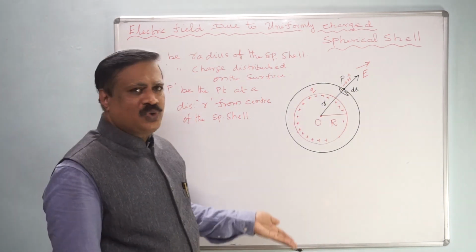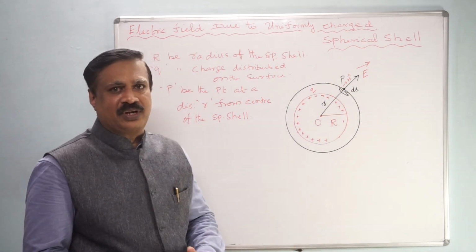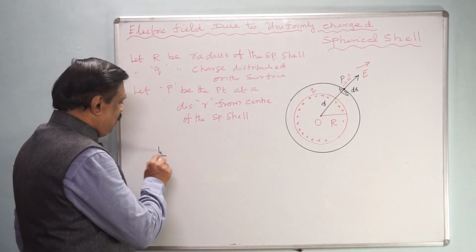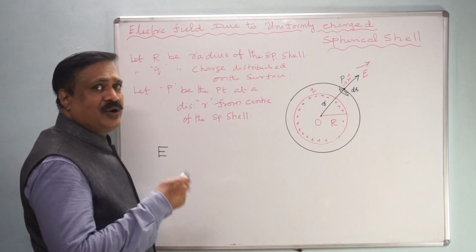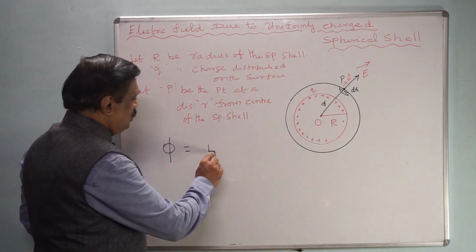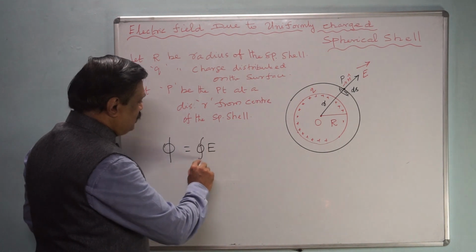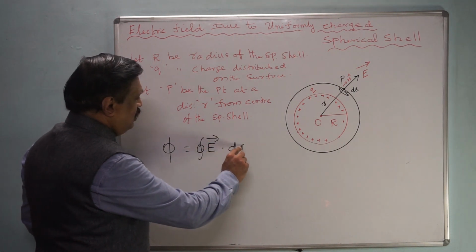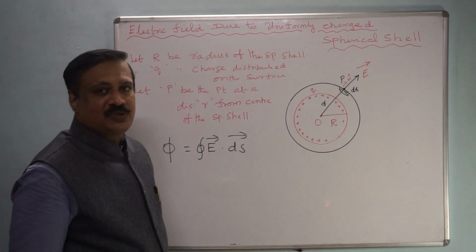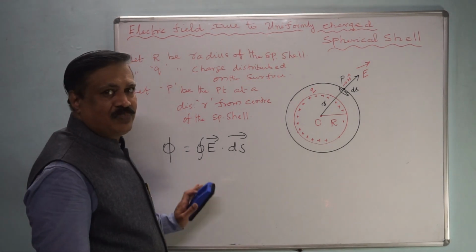Now as usual you go for the derivation, very simple. Go for the flux first: flux phi equals the surface integral of E dot dS. That is the mathematical expression for the flux.